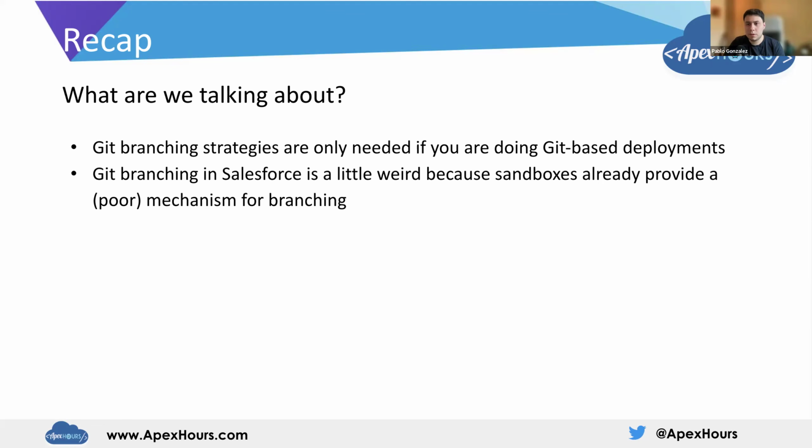So if you have those questions, if you feel that it's not a straightforward topic, or that it's not as clean or easy as in traditional software development, that's okay. That's normal. That's how Salesforce works. It is a weird topic to think about because sandboxes get in the middle.